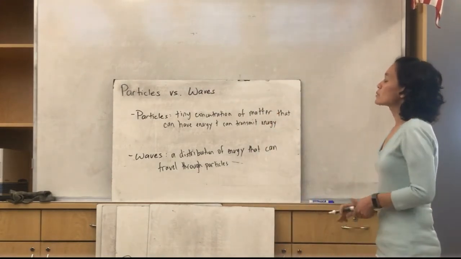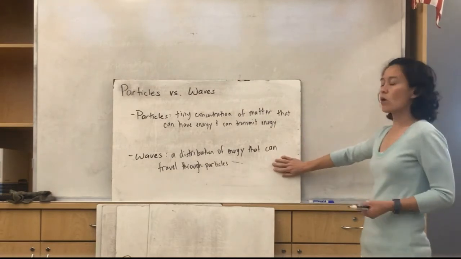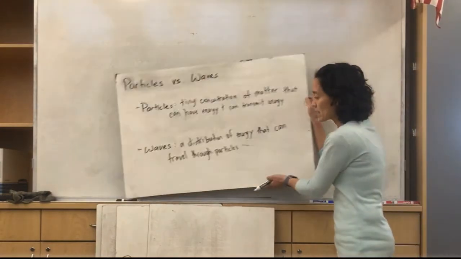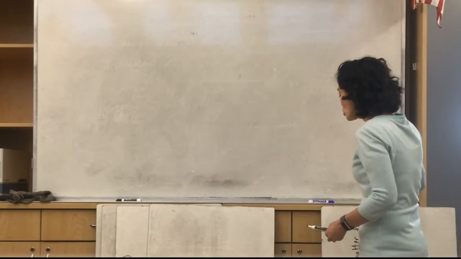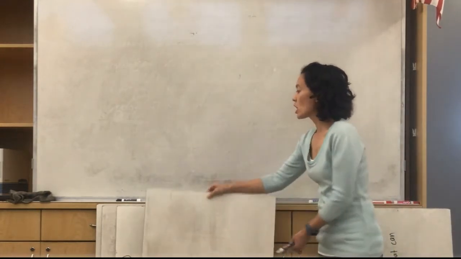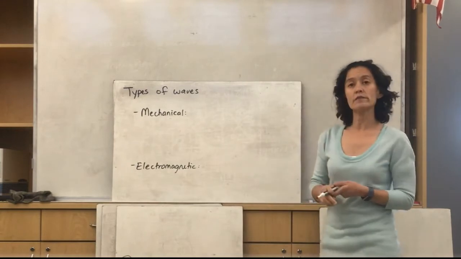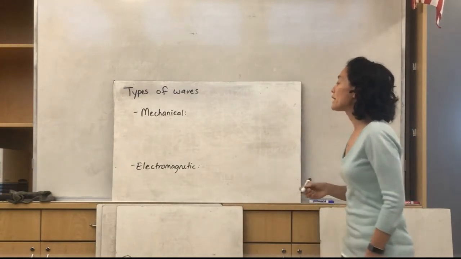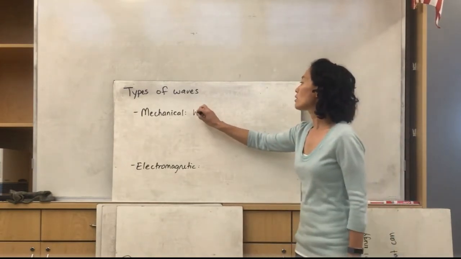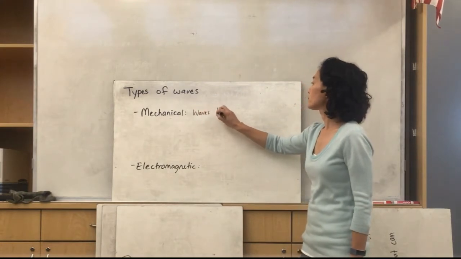So as we zoom in now on our focus of waves, it's helpful to understand that there are two classifications, or types, of waves. There are what are called mechanical waves and electromagnetic waves. Mechanical waves are waves that are governed by Newton's laws.